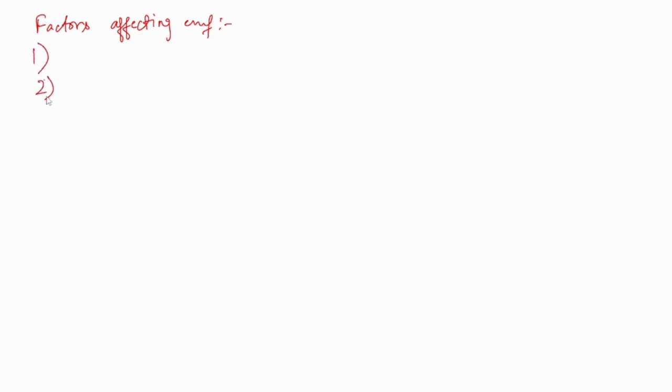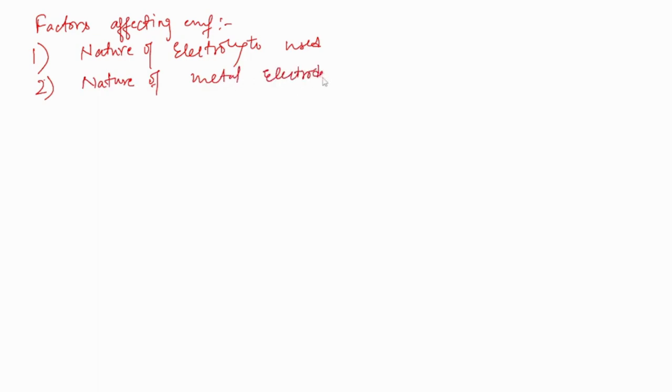First one is the nature of electrolyte used, and the second one is the nature of metal electrode that is being used.